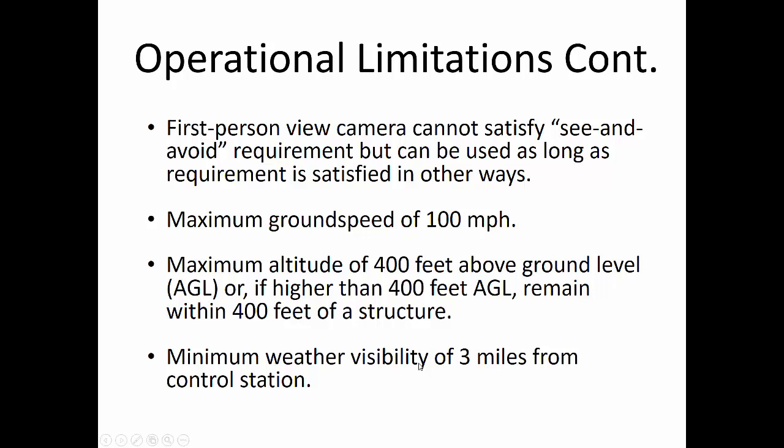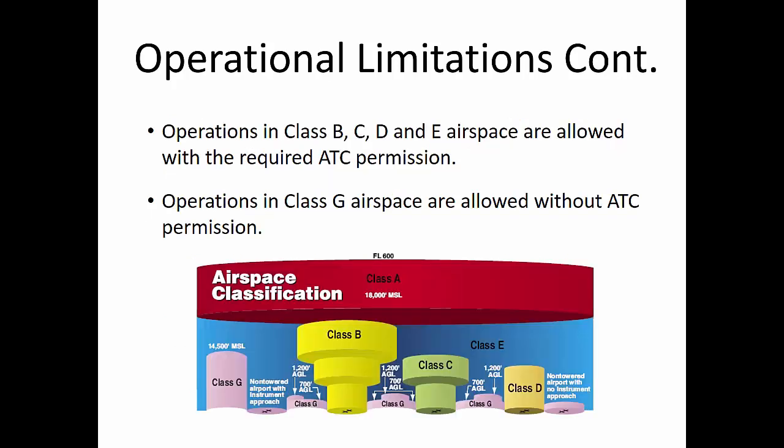You need to consider weather to some extent. Weather visibility of 3 miles from ground control. Now we're going to get into, there's no more 5 miles away from the airport. Now it's related to what class of airspace you're in.